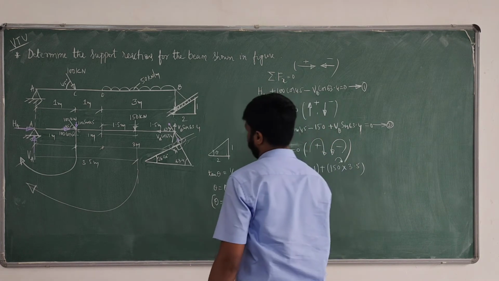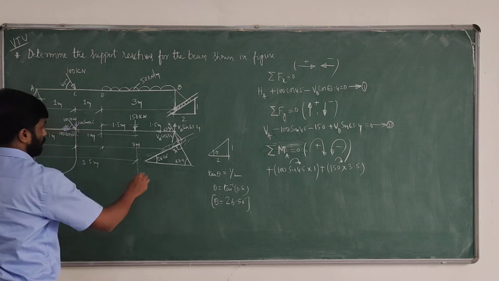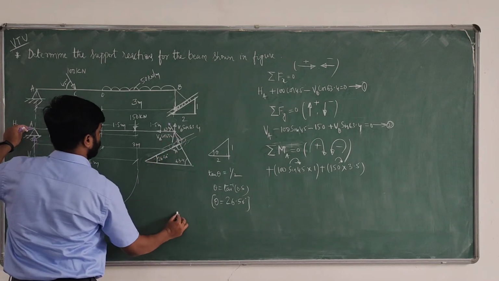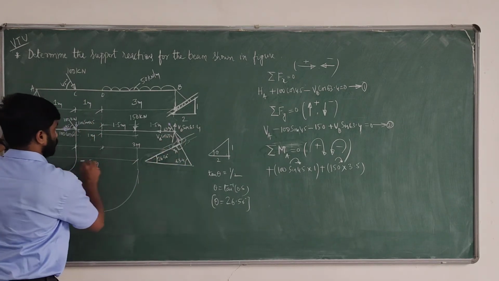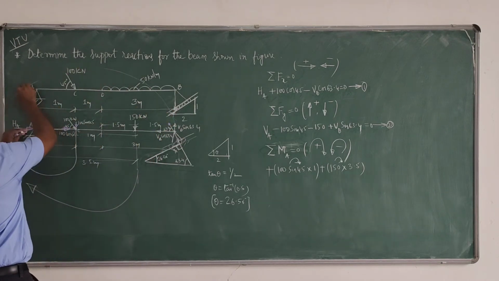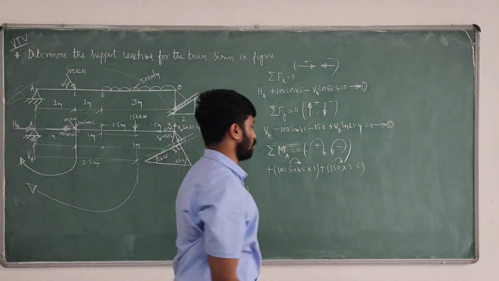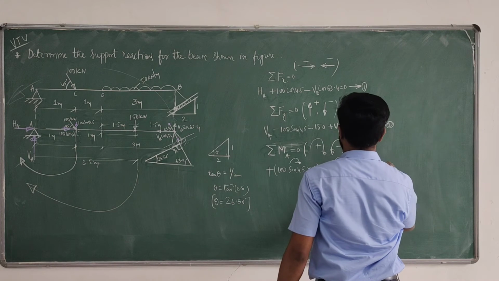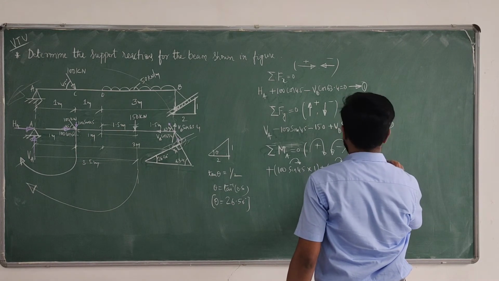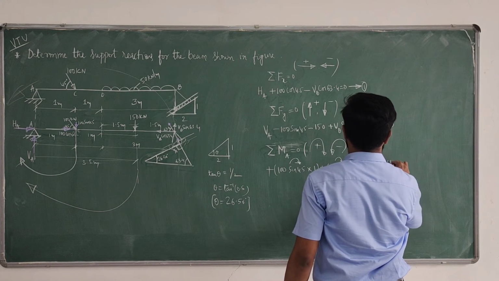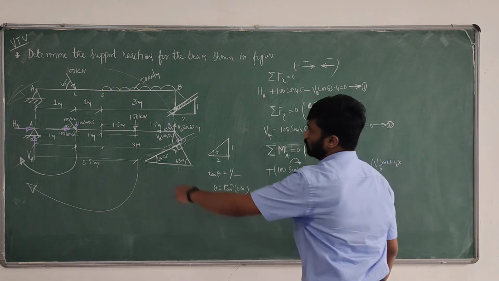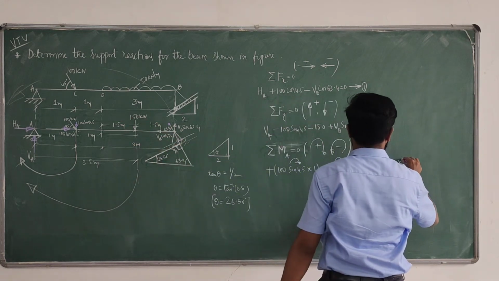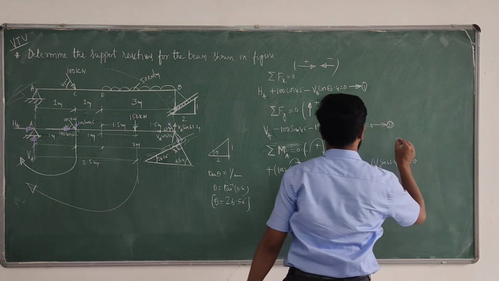This is also clockwise. Next, you have one more force. It's moving in upward direction because of this total distance. It takes a turn anti-clockwise. Therefore, minus VB sin 63.4 multiplied by the total distance, 3 plus 2, 5, which is equal to 0.